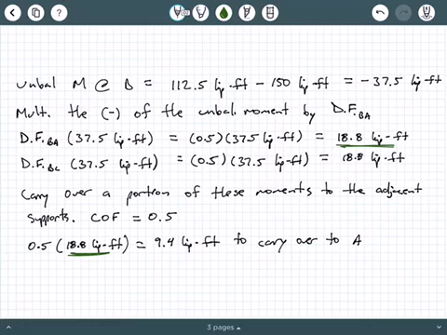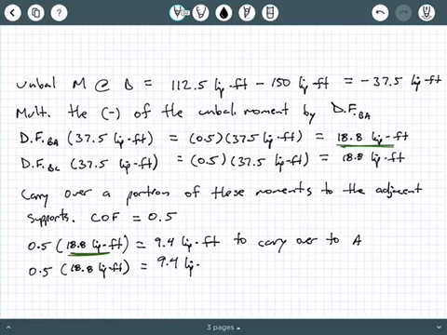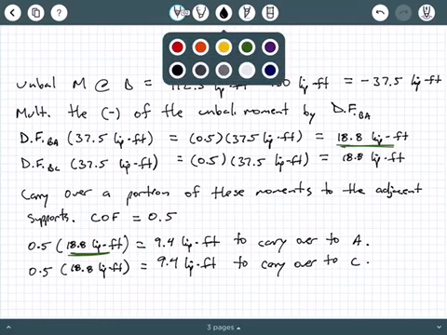This 18.8 is this 18.8, okay? And then we're going to say 0.5 times 18.8 kip feet equals 9.4 kip feet to carry over to C.